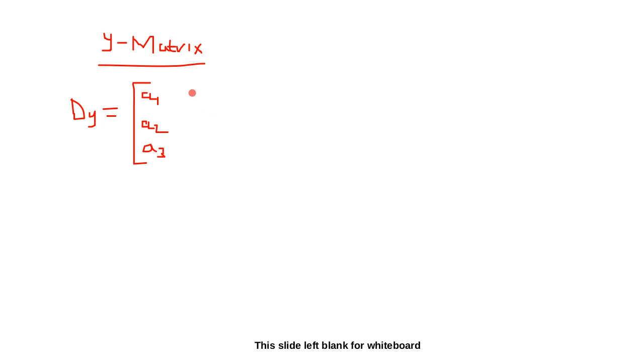But now in the Y column, now we'll have D1, D2, D3. Then in the Z column, we'll just have C1, C2, and C3.